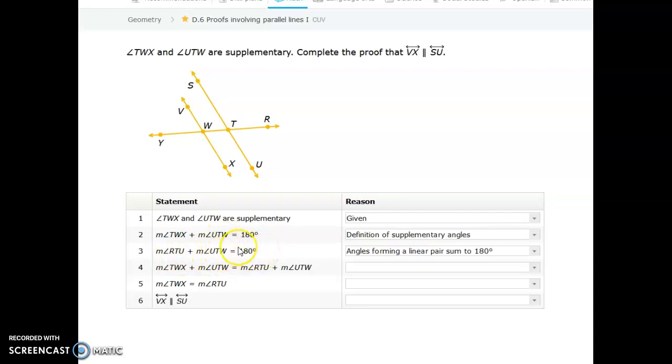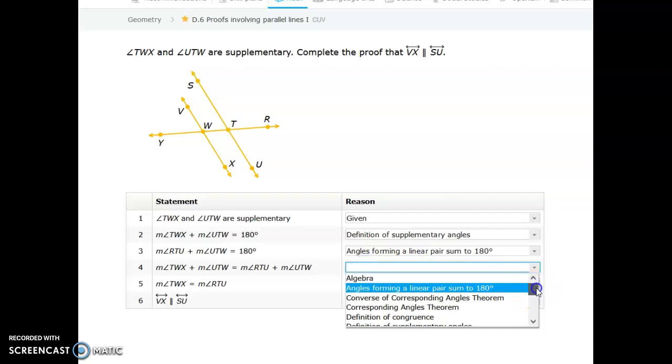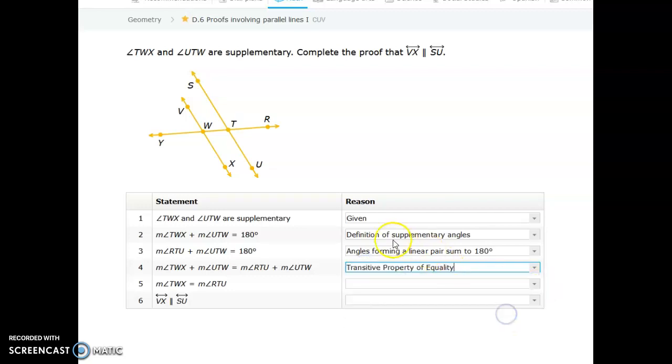Because these two expressions are both equal to the same value, 180, we can set these two expressions equal to each other. We can say that the measure of angle TWX plus the measure of angle UTW equals the measure of angle RTU plus the measure of angle UTW. Okay, and the reason why we can do that is because of the transitive property. And specifically, this is going to be the transitive property of equality because we've got an equal sign. All right, so let's go find the transitive property of equality.